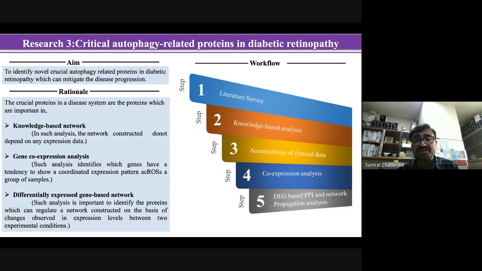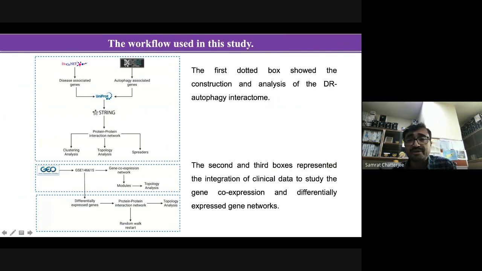So what we did here is typically a network analysis, sometimes known in the field of biology as systems biology, where we made our knowledge-based network. We built a network using a disease-associated gene network.